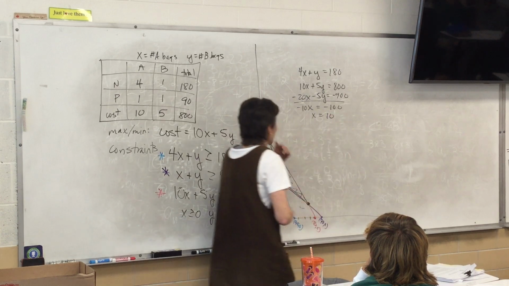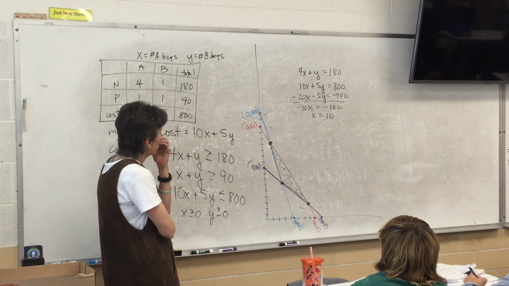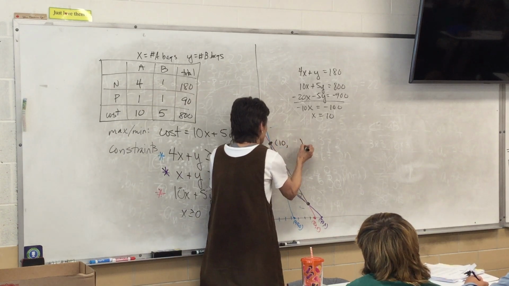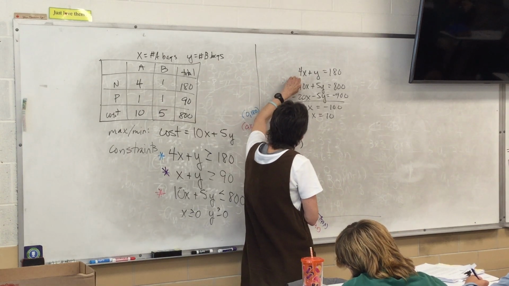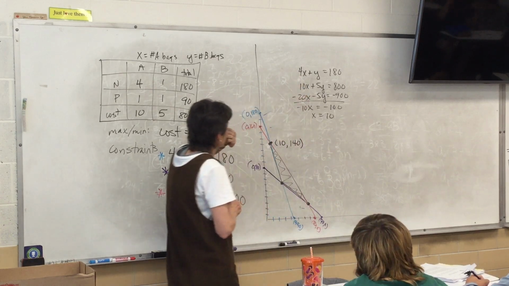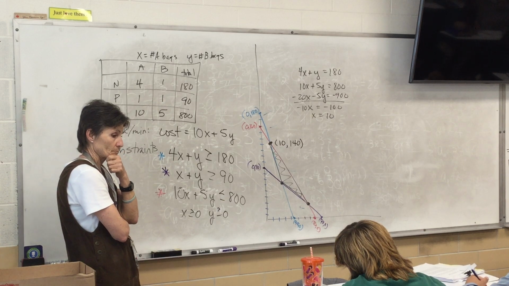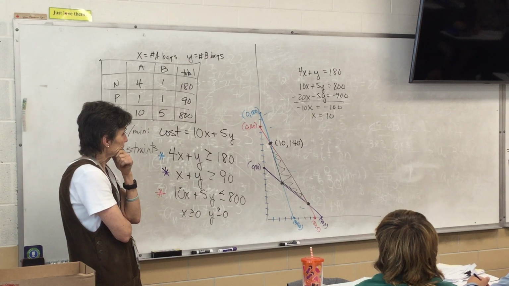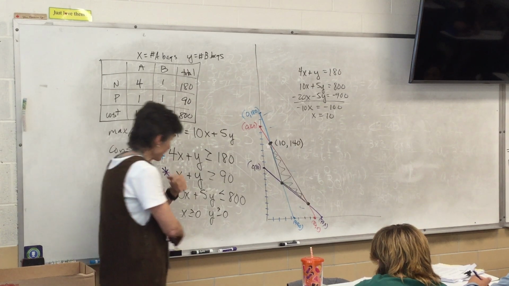All right, I did a bunch of math in my head. I think x is 10. And if x is 10, then y has to be 140. Correct me, please, if I made a mistake. Now guess what we get to do? Have some more fun.